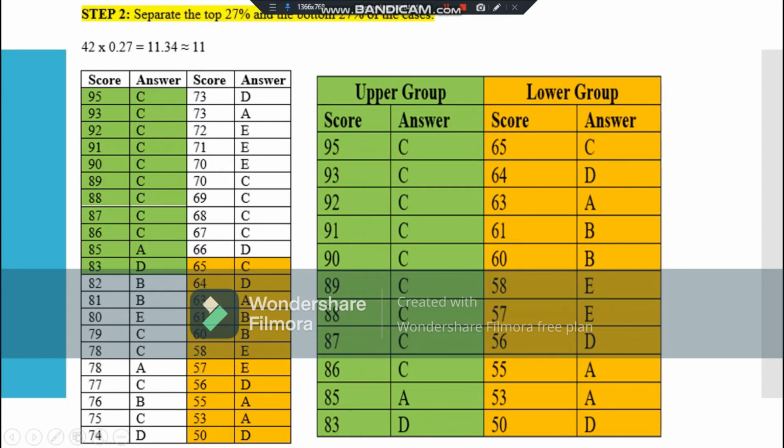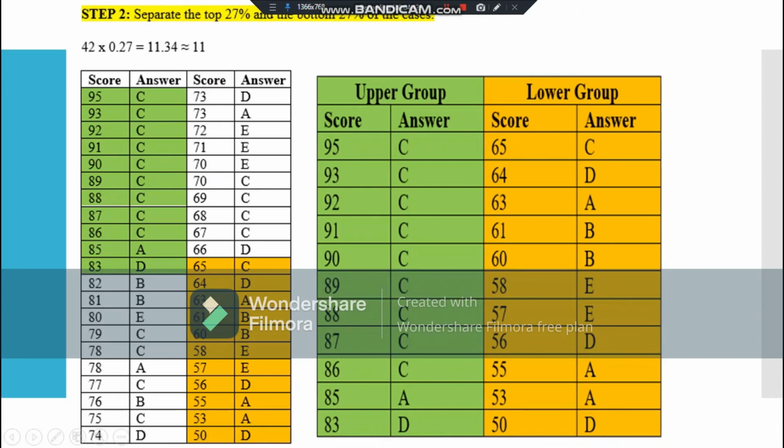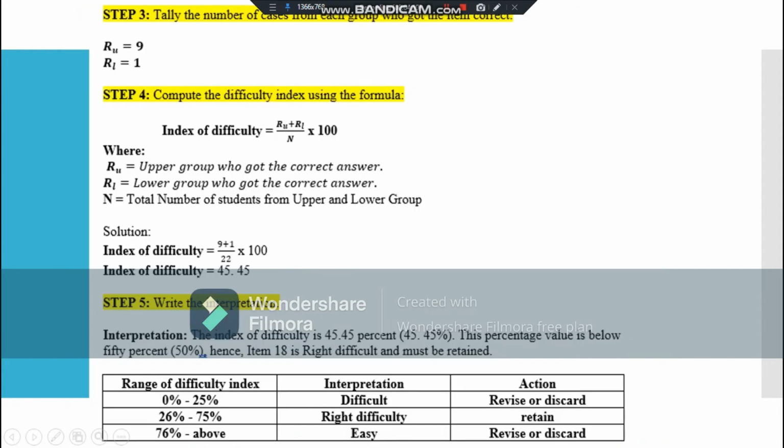So there are 9 students who got the correct answer in the upper group. Now let's go to the lower group. How many students got the correct answer? There's only one.